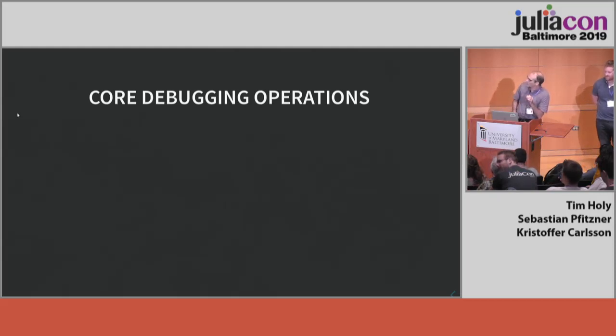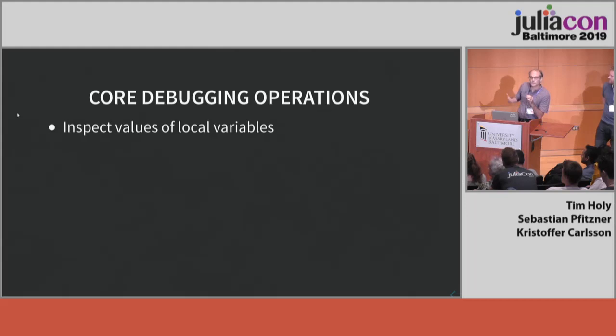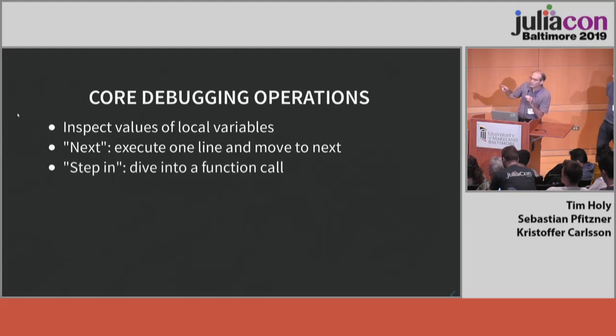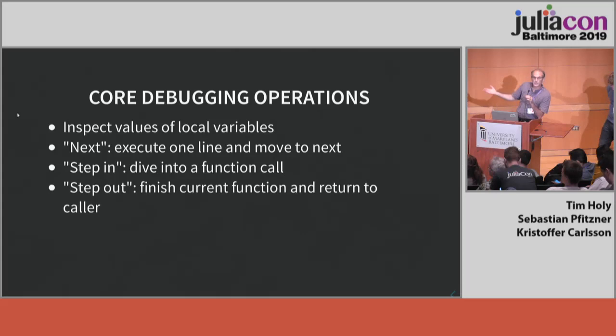Over the years in which many different languages have implemented debuggers, there's a standard feature set that's been arrived at, right? One of them, which we saw just from the command line prompt, is you want to be able to inspect the values of local variables, but you want to be able to, for instance, step forward in code one line at a time. You want to be able to dive into the functions that get called by your code. You want to be able to get back out once you've dived down deep, to go back up to higher levels.